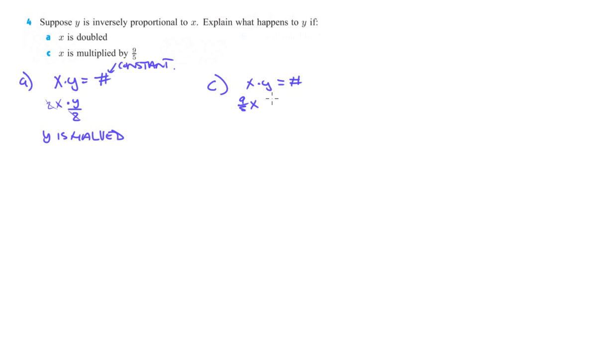To get rid of that, we would have to take y and divide it by 9/5. An easier way to look at that: if you're dividing by a fraction, flip it and multiply, right? So y is going to be multiplied by 5 over 9. Okay? So y is multiplied by 5/9.